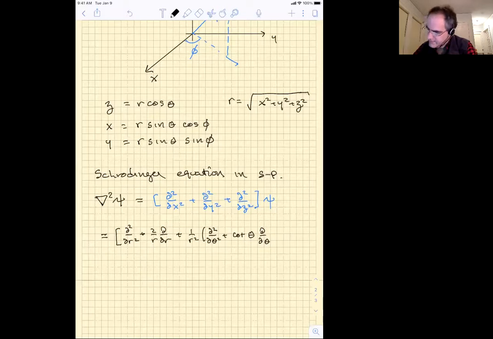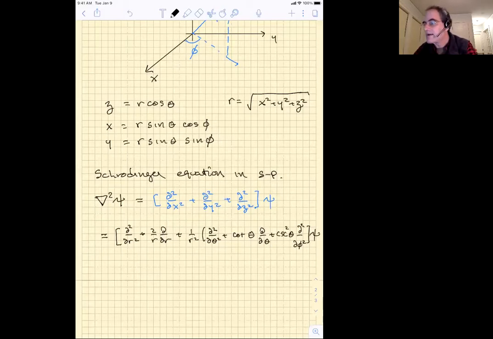I'm not sure I'm going to fit everything on this line, plus cosecant squared of theta times second derivative with respect to phi. All of that acting on the wave function.